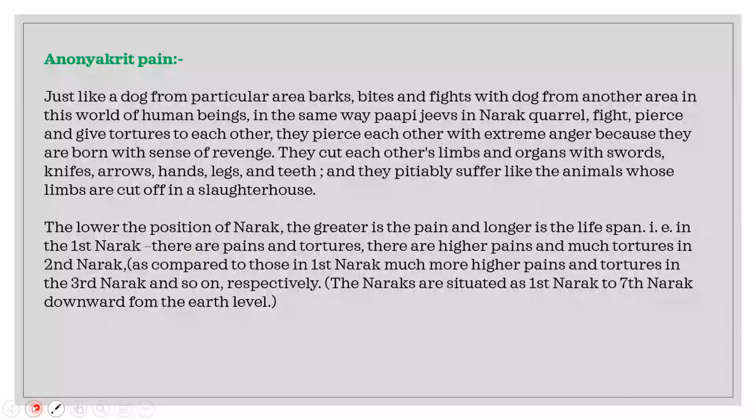Then in the last class, we also talked about the Anyakrut pain, and we saw that the Jeevs of Narki are born with a sense of revenge. They have Ashubh Leshya, they are born with it, and because of that, whenever they see another Jeev of Narki, they have a sense of revenge. They try to fight against the other Jeevs of Narki, and they inflict pain on each other.